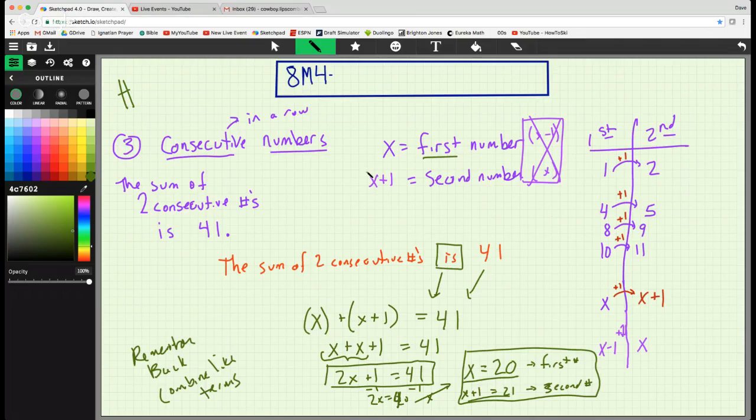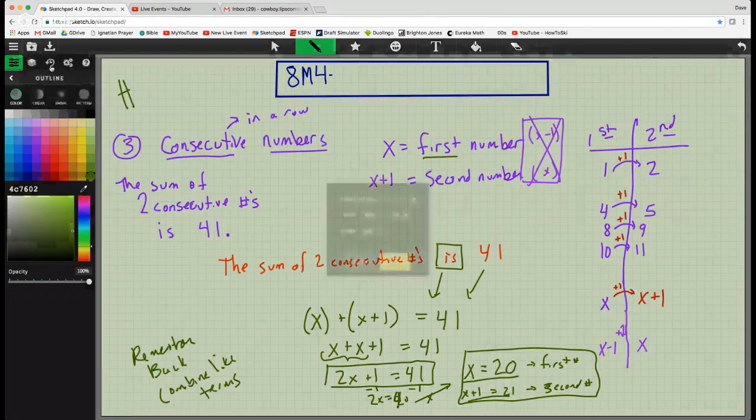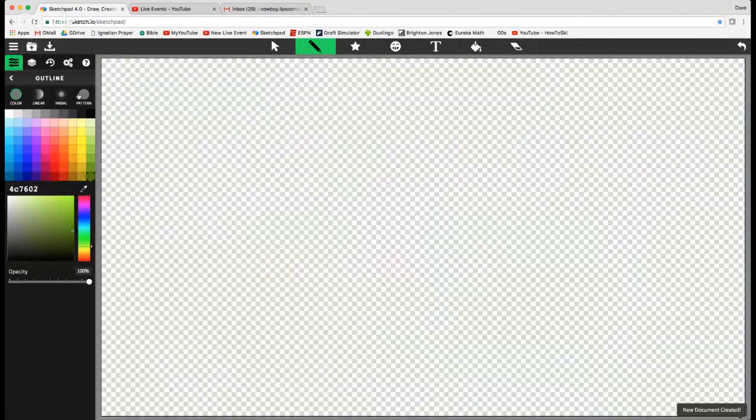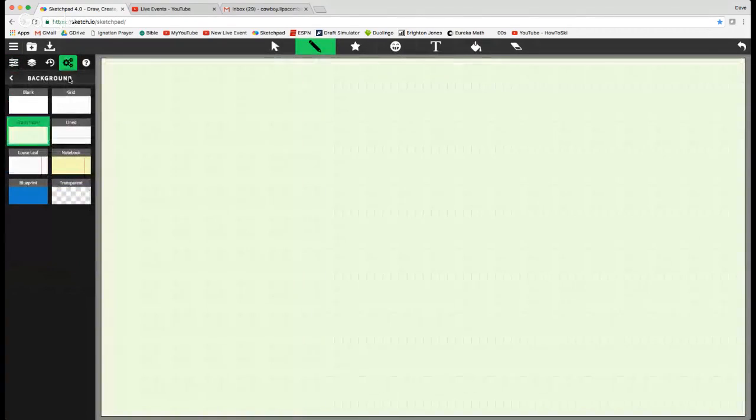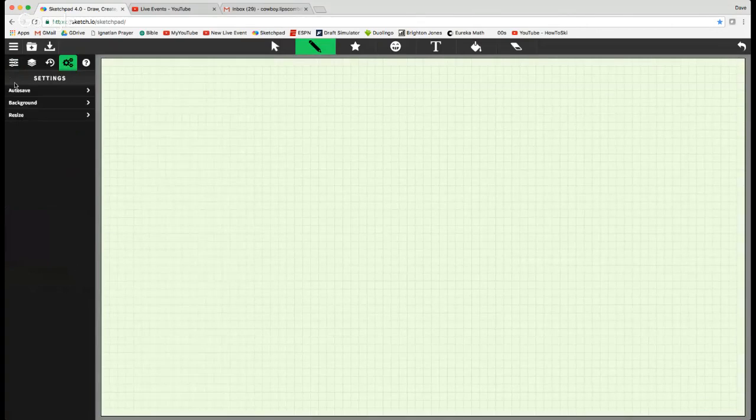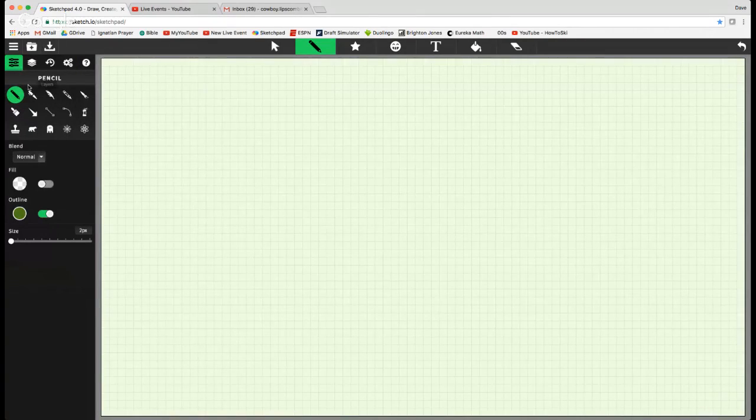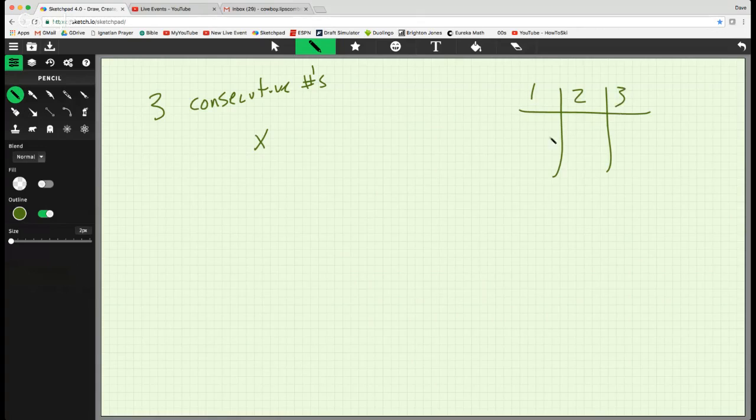Let's take a step ahead. If I wanted to say 3 consecutive numbers, if x is my first number, we can do our chart, first, second, third. If I started with 5, my consecutive numbers would be 5, 6, 7.